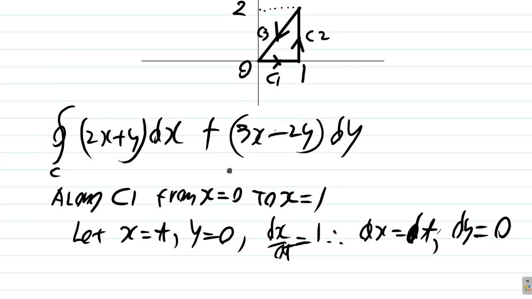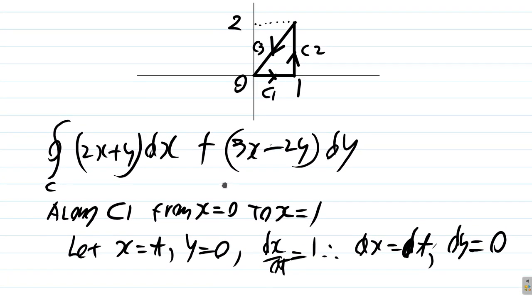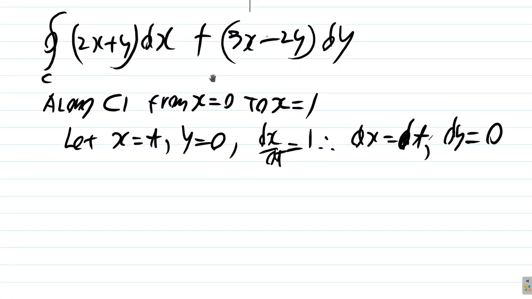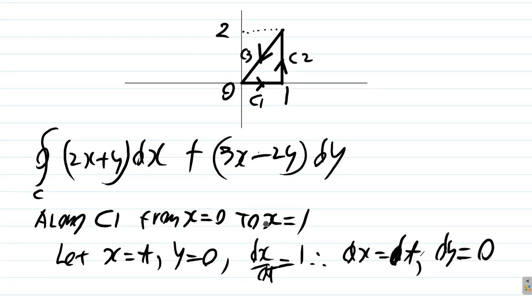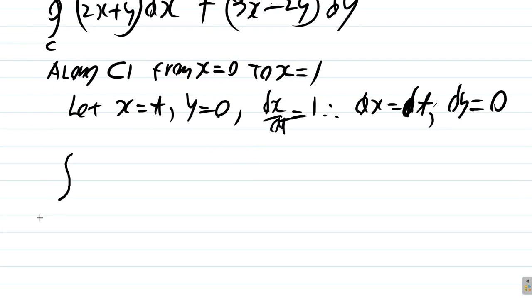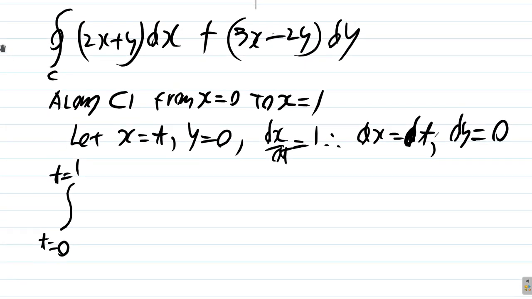Now here, what you have is the integral from x equals 0 to x equals 1, but x is t, so it's from t equals 0 to t equals 1 of 2x, which is 2t, plus y, but y is 0, it's plus 0, dx, but we said dx equals dt, right?